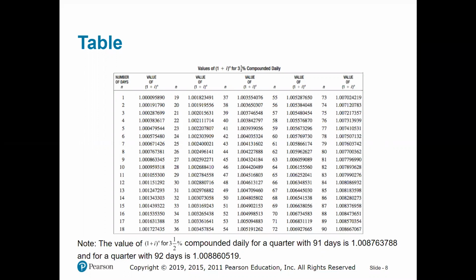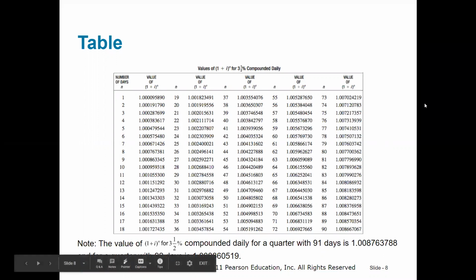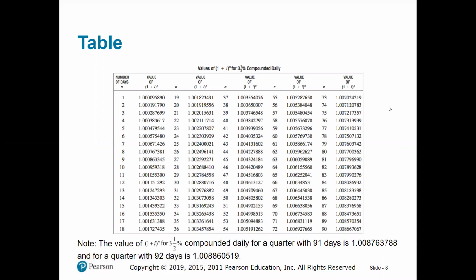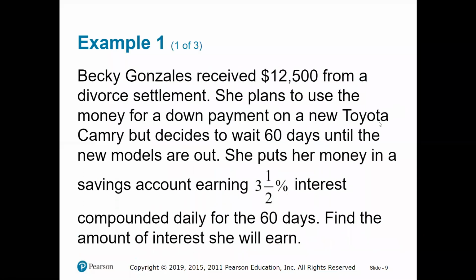It does say to use that number for a quarter with 91 days, and to use the other number for a quarter with 92 days. You'll only ever see it like this because we work in quarters, so you won't see one for 365 days. It would be way too long.